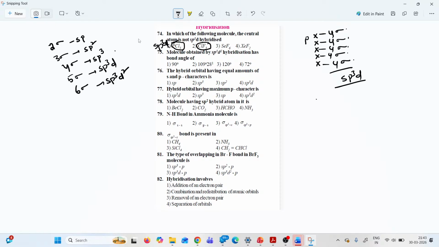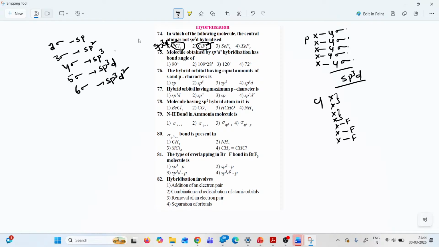Chlorine has 7 valence electrons. There are 3 fluorines, and each fluorine will form one bond: 1, 2 and 3 bonds.